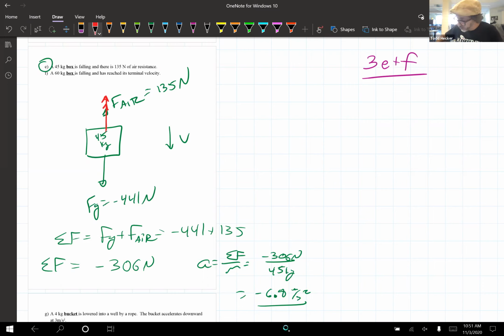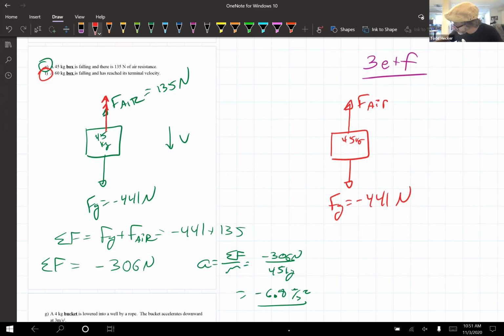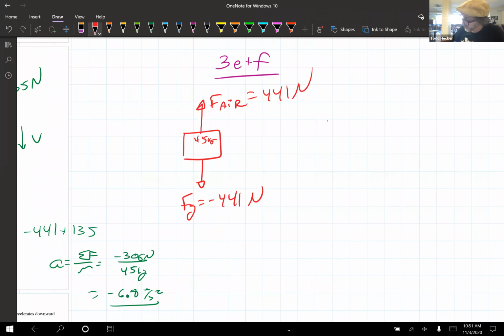Eventually, you get to a point where your gravity is still pulling this thing down with 441 newtons, but now it's moving down so fast that your air resistance exactly cancels out the force of gravity. All right, and at that point, what is true is your acceleration is 0 and your net force is 0, all right? The velocity at which this occurs is called terminal velocity.